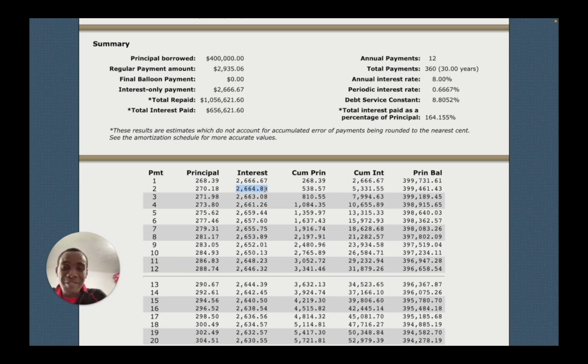That is how much money we were able to save. Isn't this amazing? This small amount of money, this $270.18, we were able to prepay to principal along with a regular payment and save $2,600 in interest. Isn't that amazing?